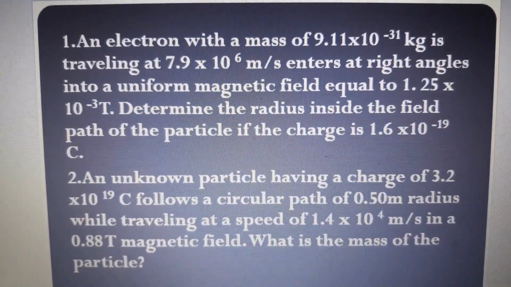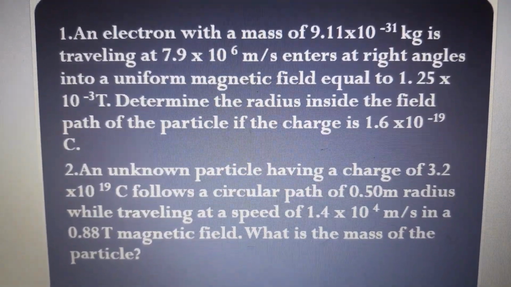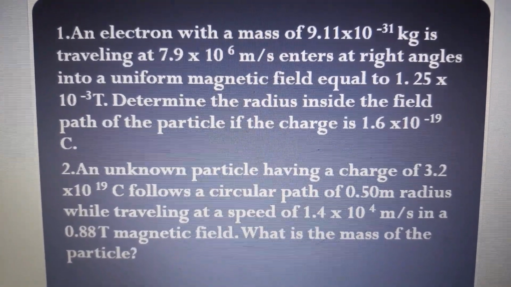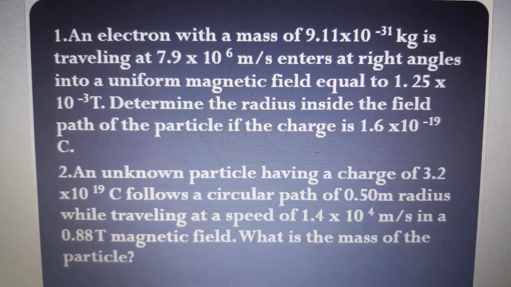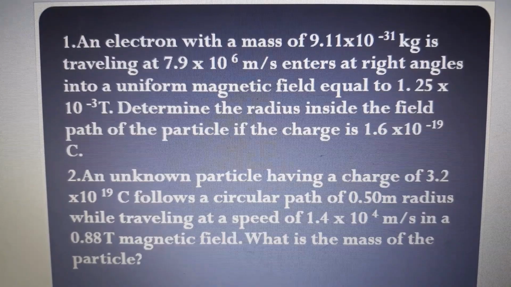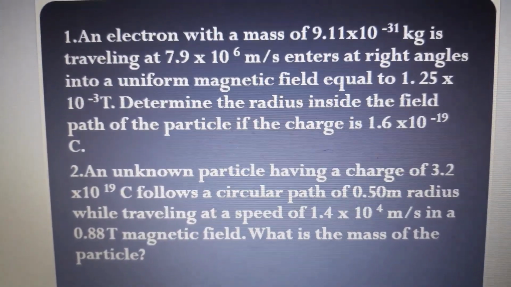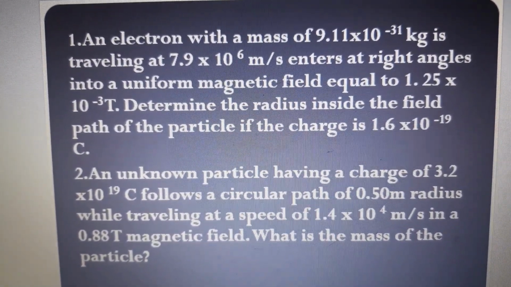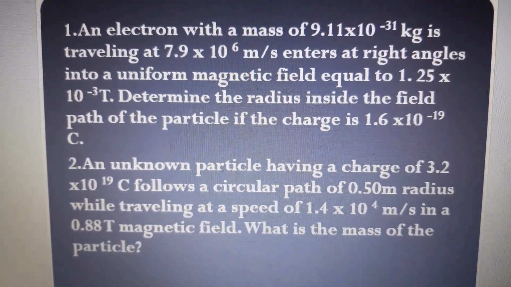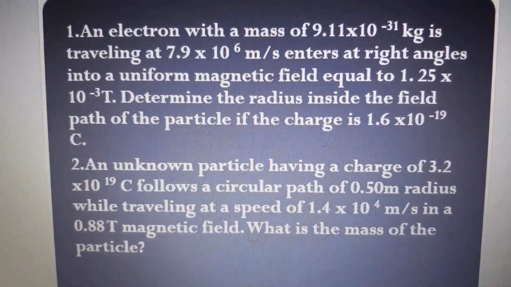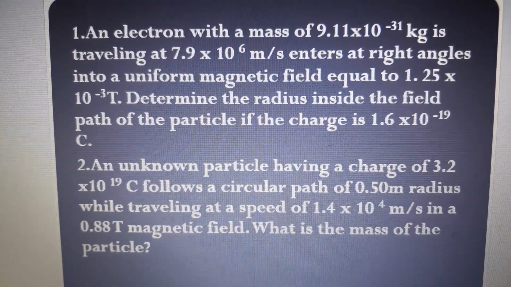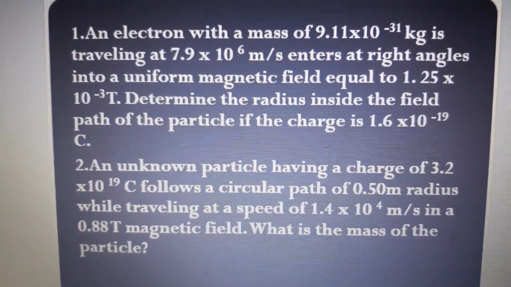We will now apply the equations in solving the radius and the mass. Okay, so the first problem: an electron with the mass of 9.11 times 10 raised to negative 31 kilogram is traveling at 7.9 times 10 raised to 6 meter per second, enters at right angles into a uniform magnetic field equal to 1.25 times 10 raised to negative 3 Tesla.